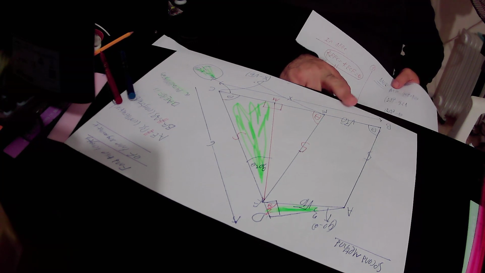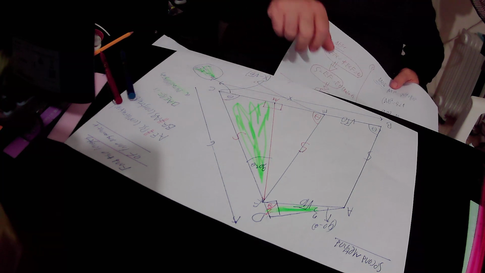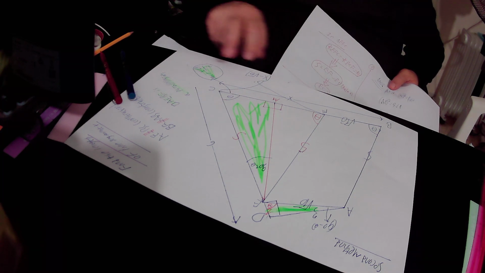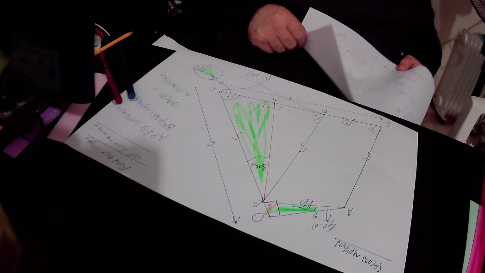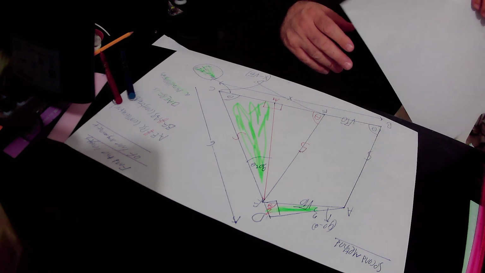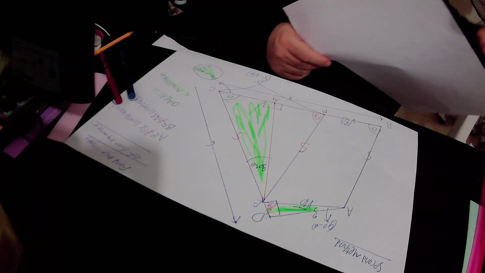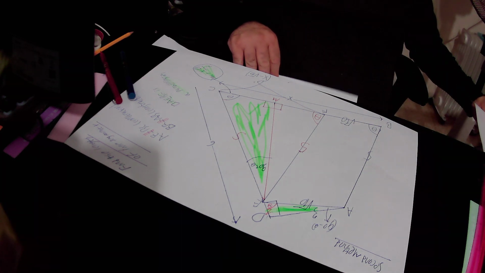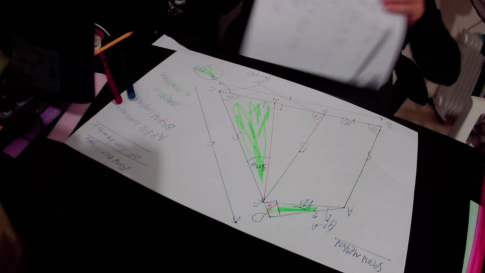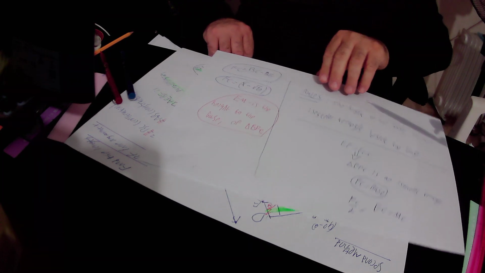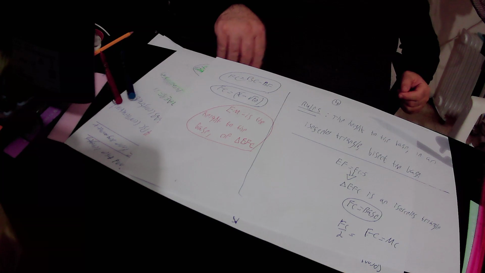So here, what is the value of FC? From the drawing you can see that BC minus BF equals FC.